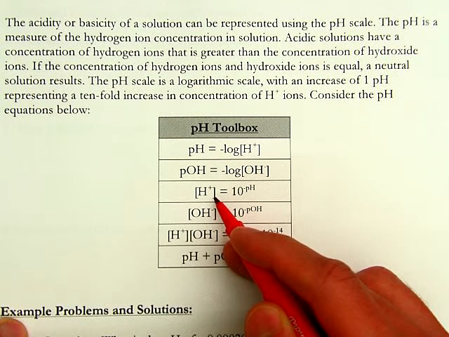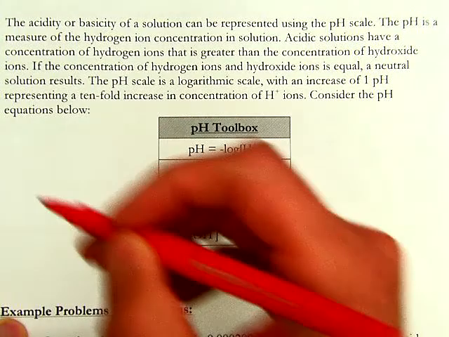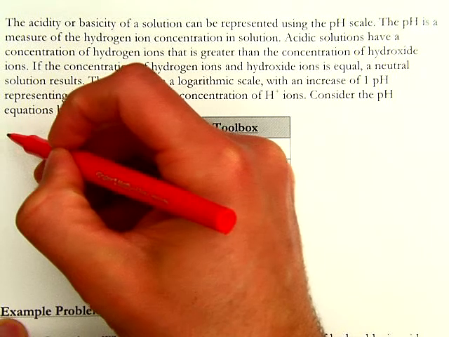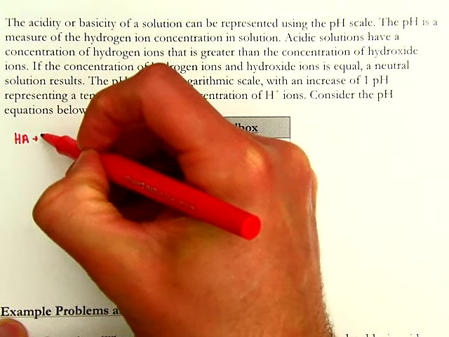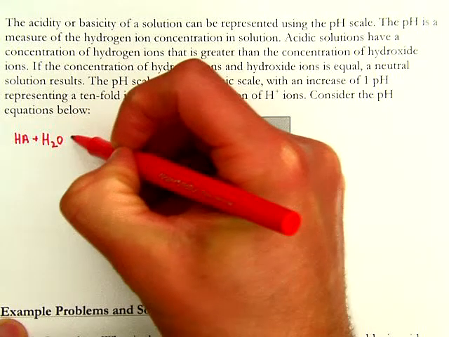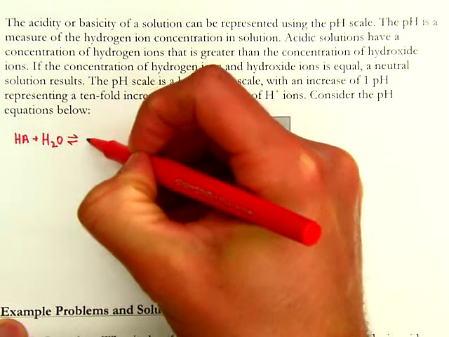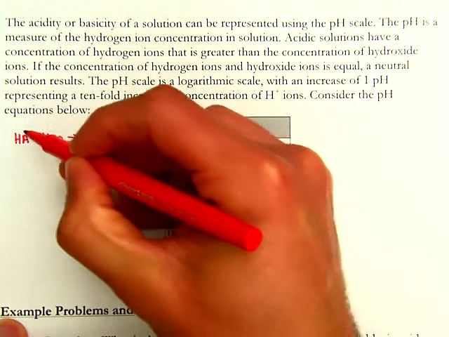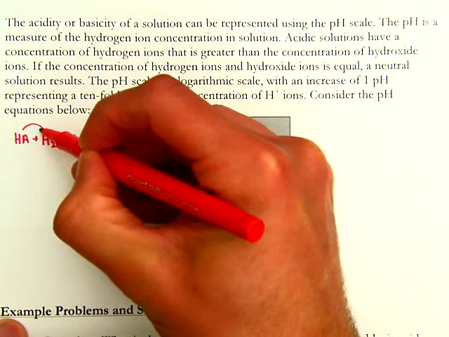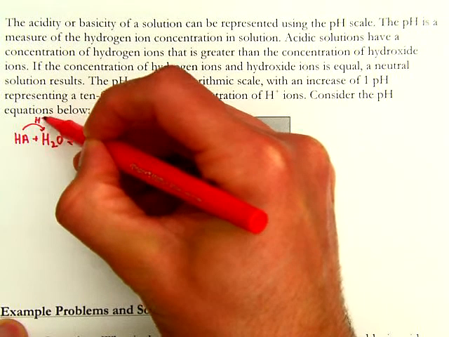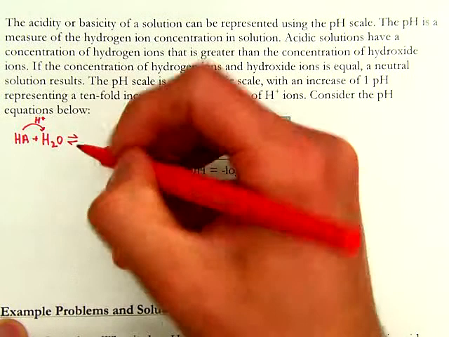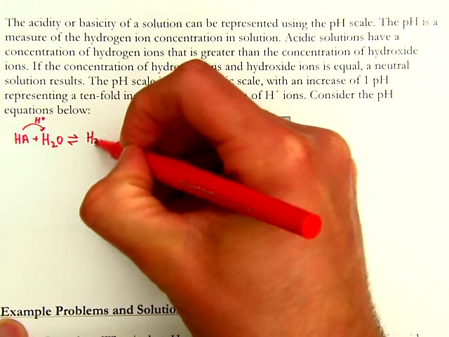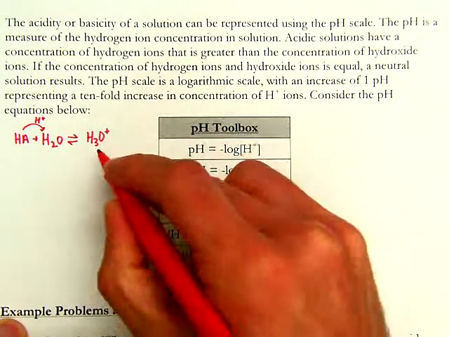Now, if you put an acid into water, just like a generic acid, I'll write here as HA, and I put it into water, H2O, it's going to reach an equilibrium, and the acid is going to give an H to the water, and so water is going to become H3O positive, what's called a hydronium ion.